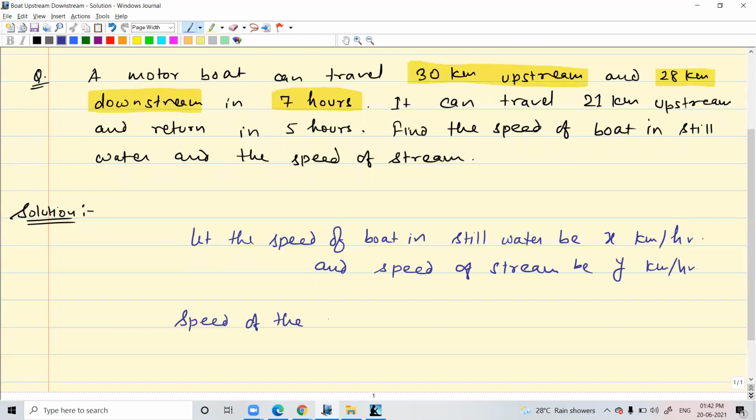Speed of the boat upstream, and we had talked about it. When the boat is going upstream, the stream is flowing against it, so the overall speed will get reduced, right? So the actual speed will become x minus y kilometers per hour.